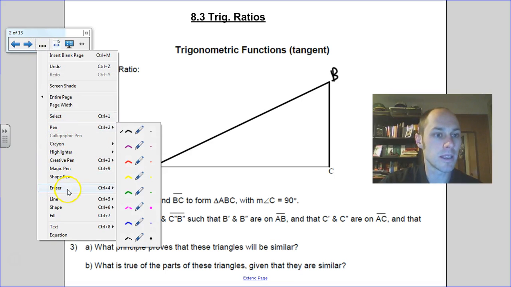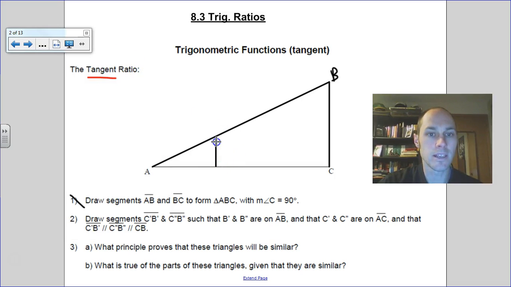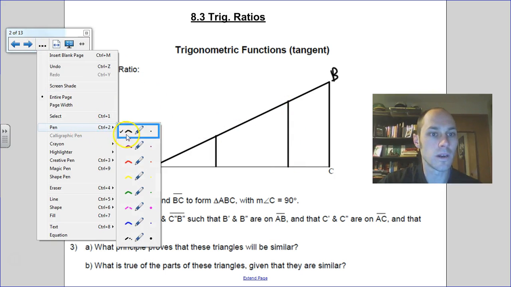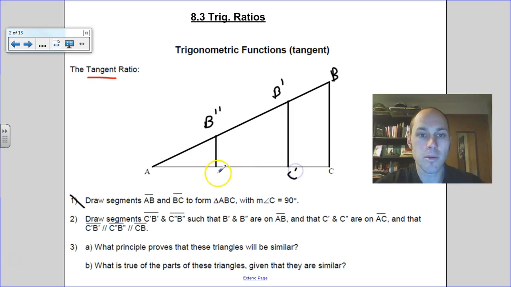So it'll look something like this once you're all done. Like I said, you can put them wherever you want, I'll just make sure they're according to the directions there.